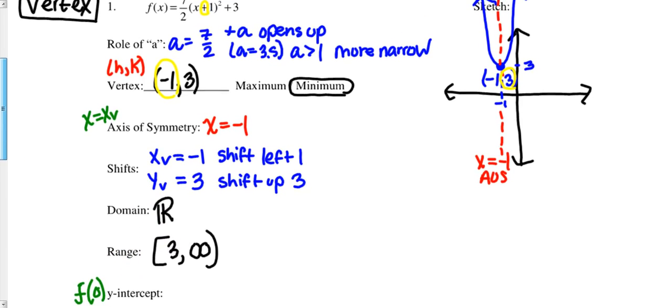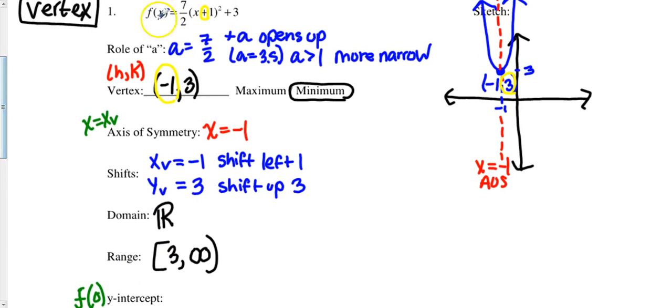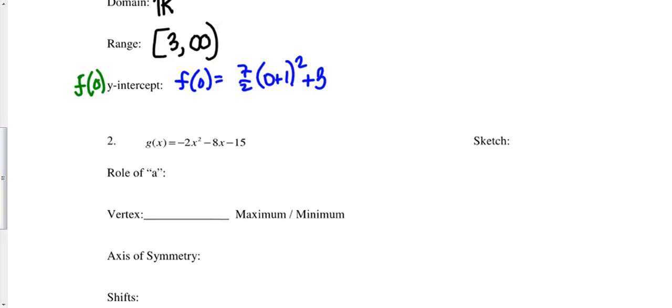Let me see if I can, just for a moment, keep the equation and what I'm about to write on the same line, and then I'll move it up. So f of 0 will equal 7/2 times 0 plus 1 squared plus 3. I literally took the equation that it gave me.